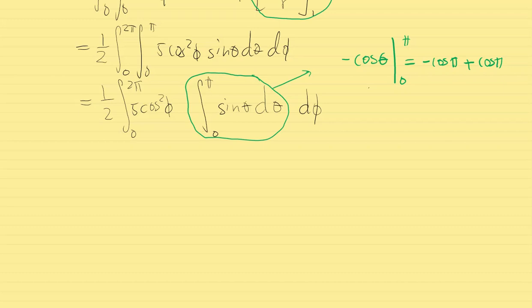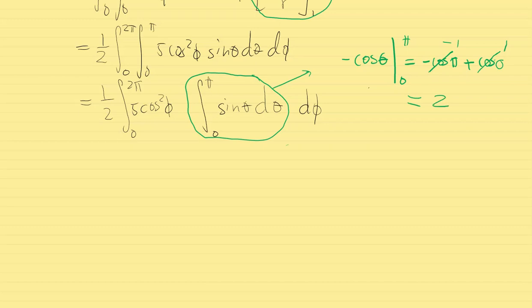Cosine of pi is negative 1. Sorry, there's a mistake here: the lower limit is 0, so it should be cosine of 0, which is positive 1. So we have negative of negative 1 plus 1, which is positive 2. So the answer there will be positive 2.